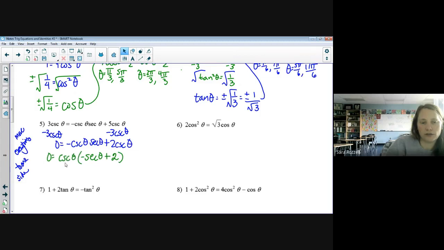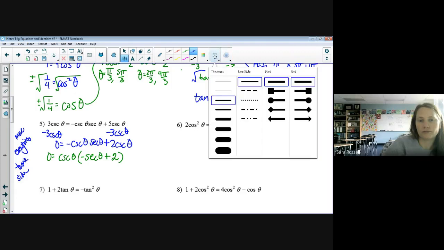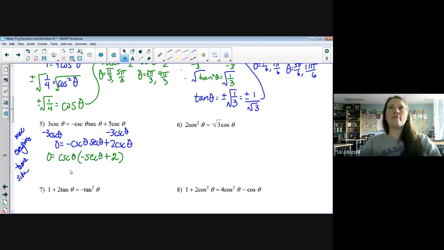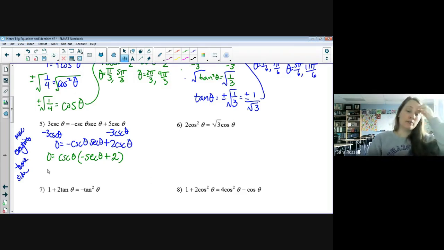Let's pick that up. I need some more space. All right, once you have it factored, now it's kind of like we solve quadratics where we set each factor equal to 0 and then solve that. So at this point, we split it up into 2 separate problems and solve both of those. So we'll say cosecant equals 0, negative secant plus 2 equals 0.